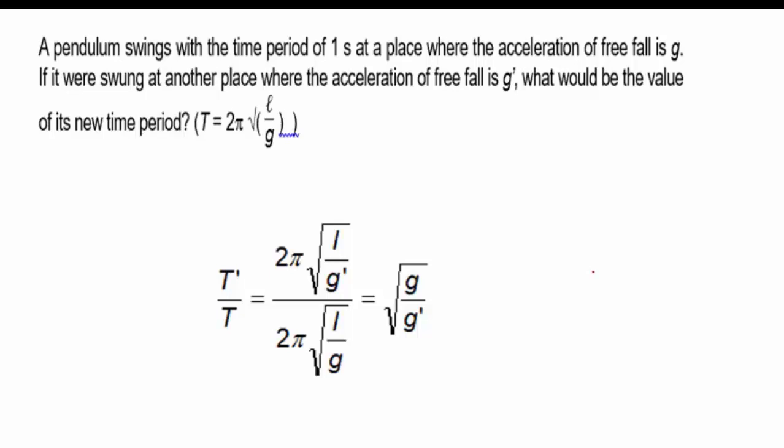You just substitute according to the formula. The 2 pi and 2 pi cancel away, and you're left with a straightforward answer depending on the inverse square root of g. As before, you're not required to derive this formula. You may recall and use it as and when required.